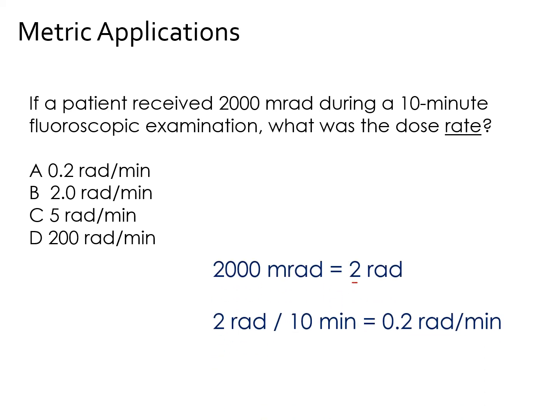So here's 2 rad. And if I'm trying to find a dosage rate and I'm looking at this, this is saying rads divided by minutes. So I'm using my answer to tell me how to do the problem. So take the 2 rads divided by the 10 minutes, and you get 0.2 rads per minute.